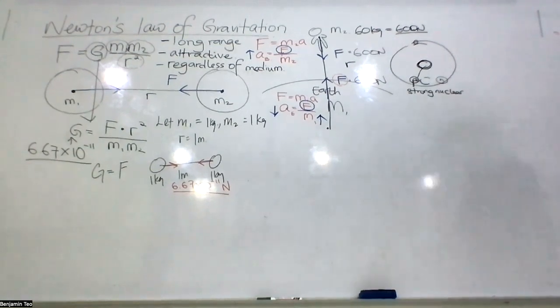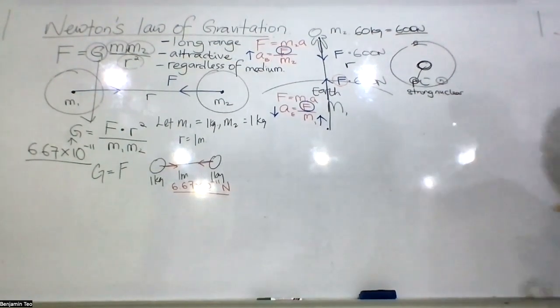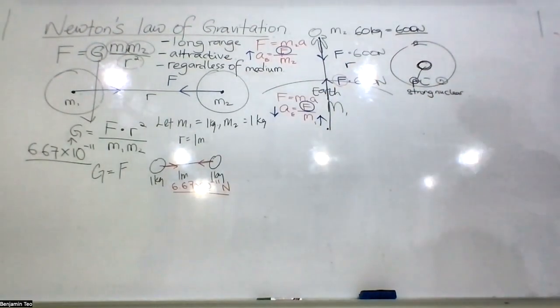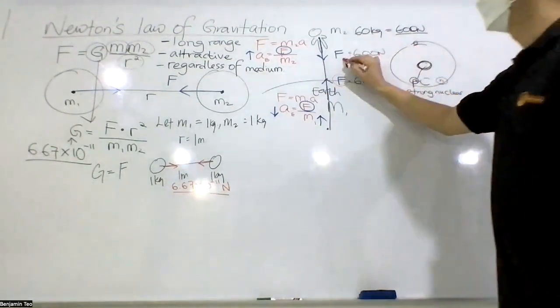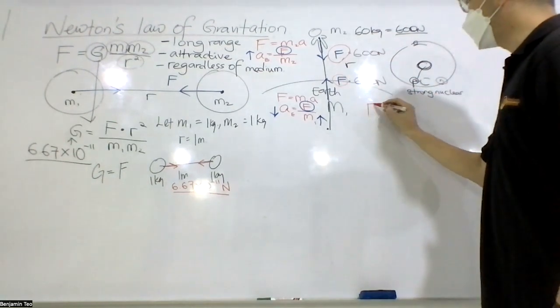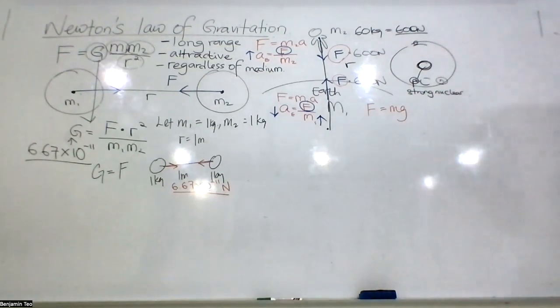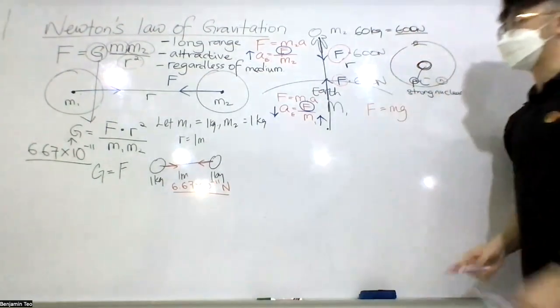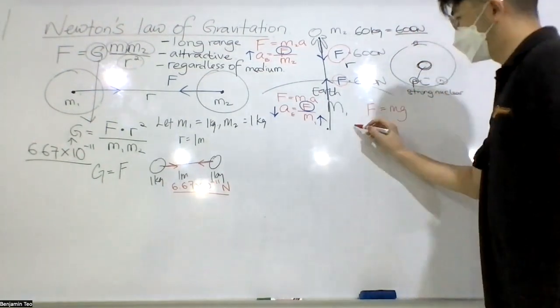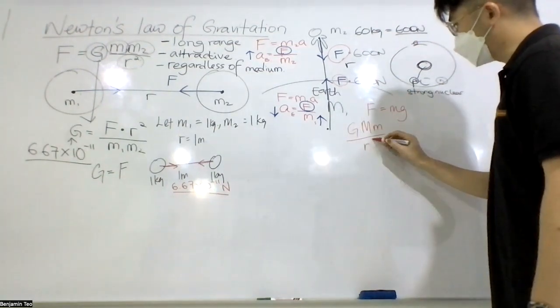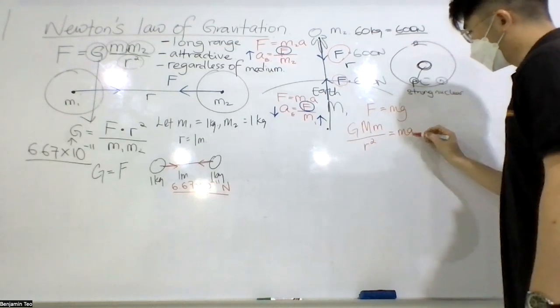All right, now let's come back to this one. We know that previously we did F equals mg, right? Now you use Newton's law of gravitation. This is GMm over r squared equals mg.